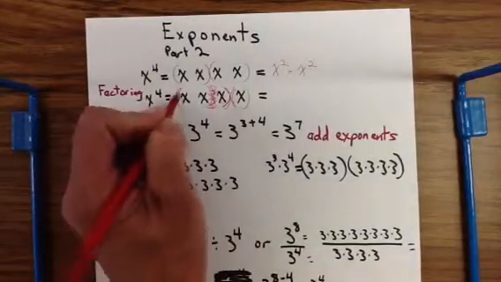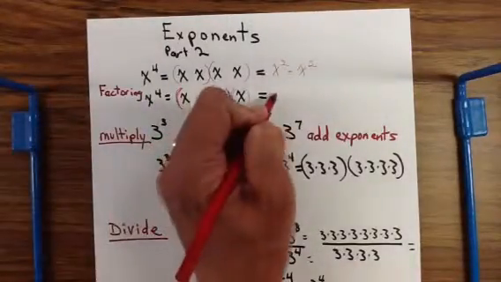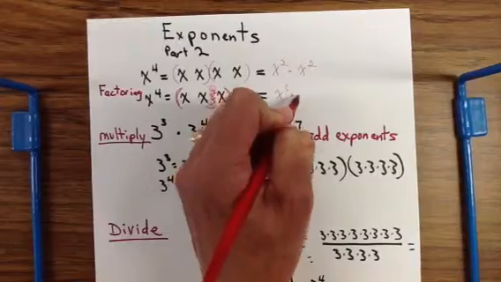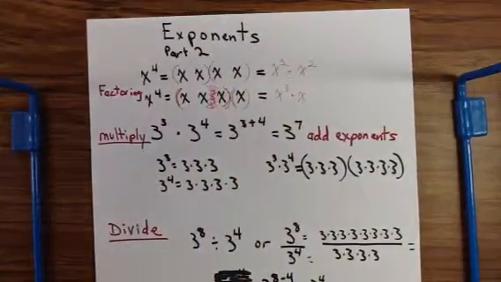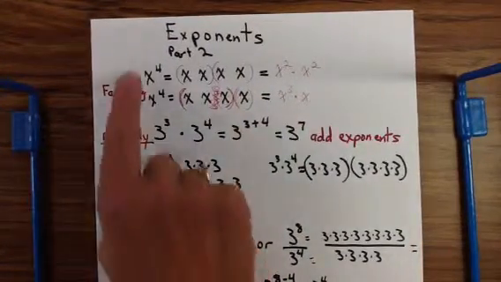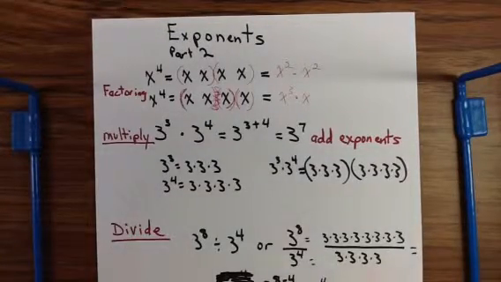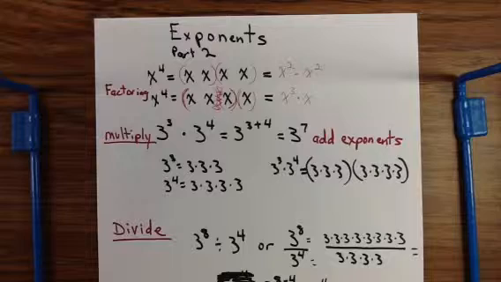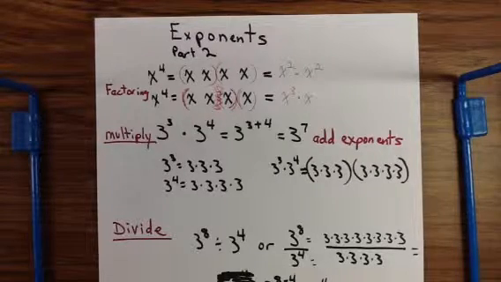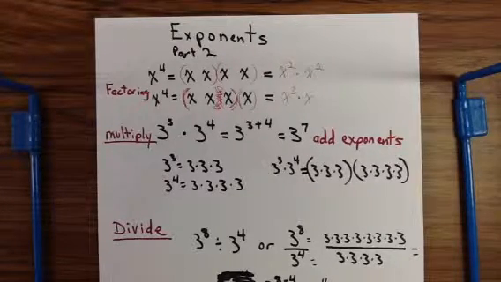And this grouping symbol shows x cubed times x. That helps when it comes to factoring and reducing fractions. Okay, so now let's get into some of the rules of exponents.